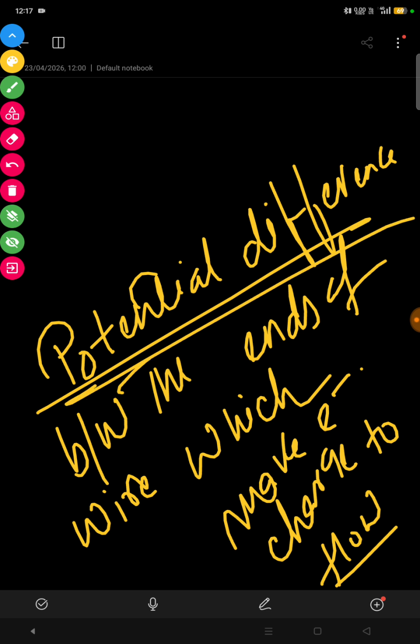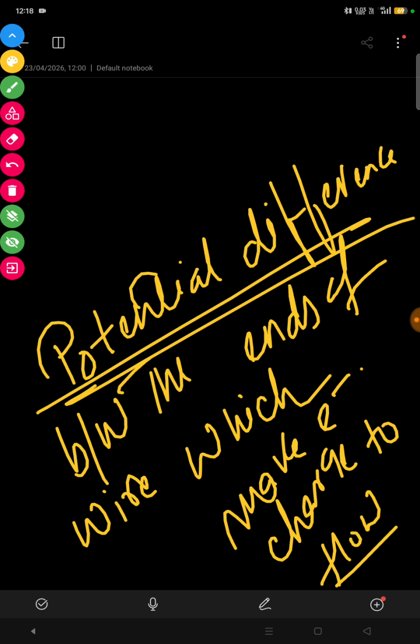The potential difference is the reason why the electric charge or electric current is flowing, because the two bodies are at different potential, one at a very high potential, another at a low potential. Similarly, in biology, we know osmosis, when water molecules flow from a higher potential to a lower potential, until both are in the same state. In this case also the same thing happens. Until both acquire the same potential, the electric current flows through the wire.